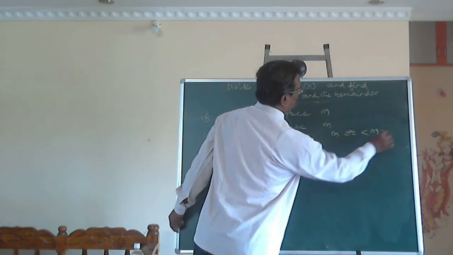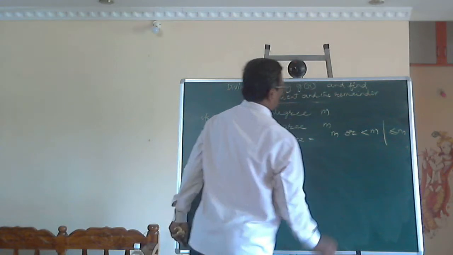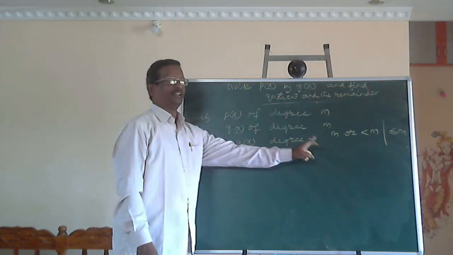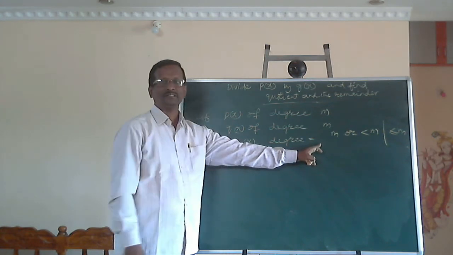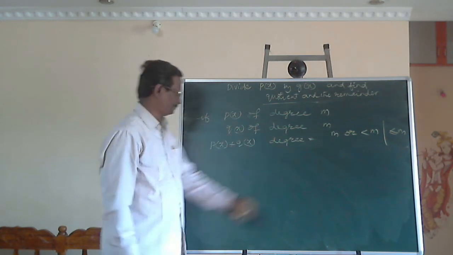So we can say less than or equal to m. The sum of the two polynomials has the same degree as the polynomials or lesser, but never greater than m.